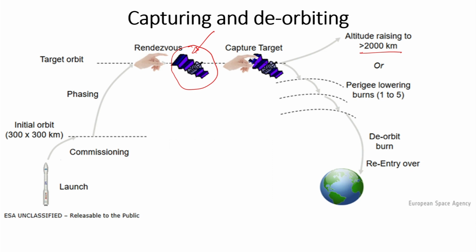For that, perigee lowering is done, meaning its altitude is decreased using the perigee thrusters. In this particular case it can be 1 to 5, and then it will deorbit and burn. This is the total phase of capturing and deorbiting. It includes the capturing as well as the removal part.